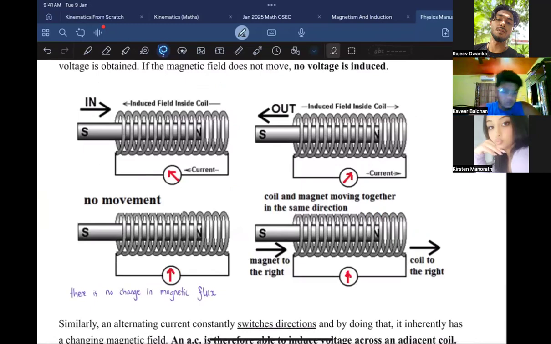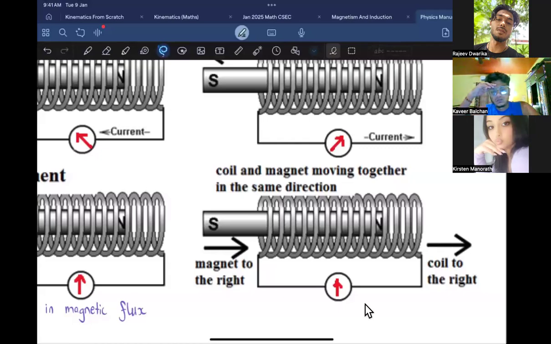Last situation. Kristen, if we have the coil and the magnet moving together in the same direction, think of an example.